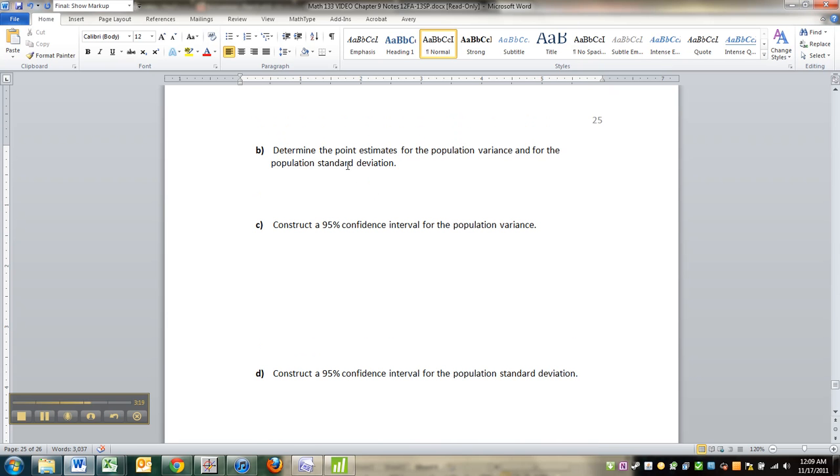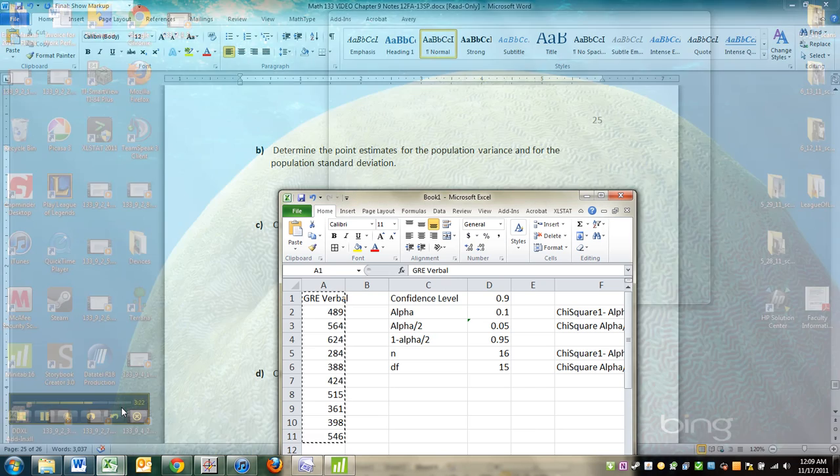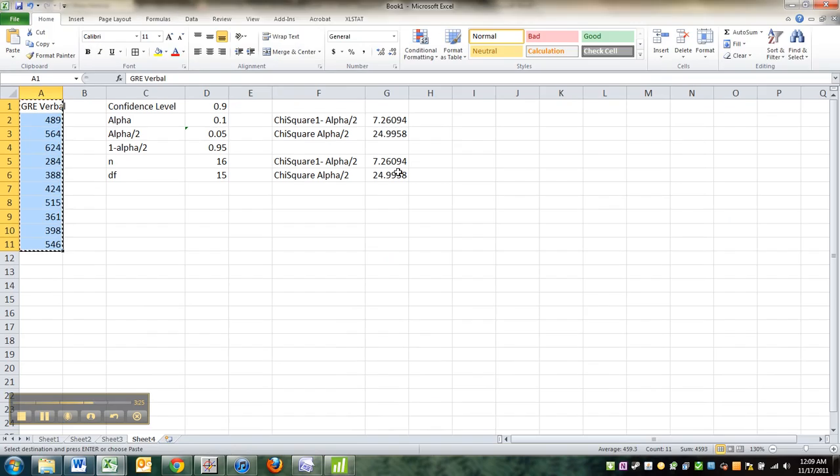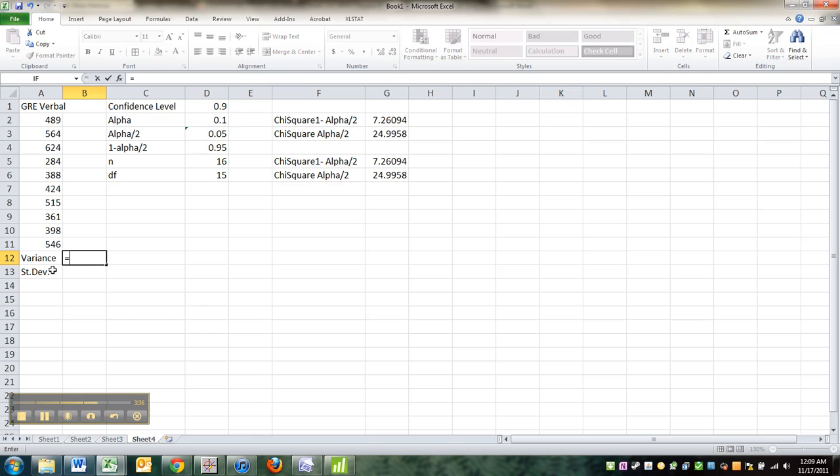Okay, so the point estimate for the variance would be, well, let's go find it, shall we? Now I've got the data in here. I just kind of typed it in right here. So let's do the variance, and let's do standard deviation. Variance, of course, we know how to find. It's a sample, so VAR.S, or old school Excel, it's just VAR, that's it.